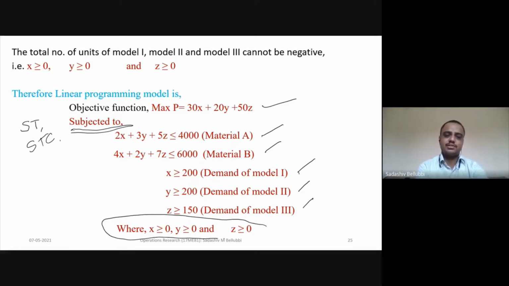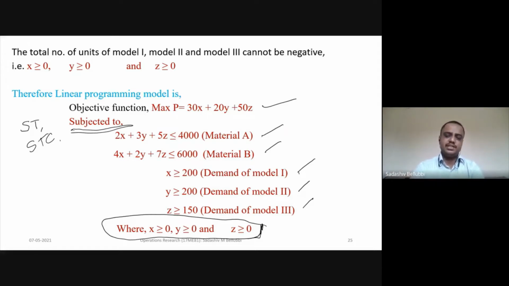And this last statement is very, very important. Out of 10 marks, there's a chance of losing 2 marks for this. If you don't write this here, x should be greater than or equal to 0, y should be greater than or equal to 0, z should be greater than or equal to 0. It means whatever number of products you are manufacturing should be a non-negative number, because we cannot manufacture minus 10 items; either it should be 0 or plus.